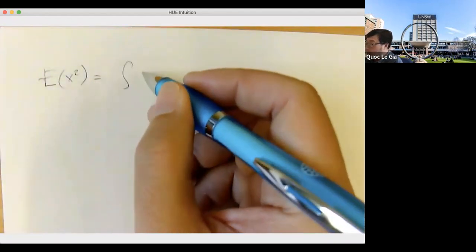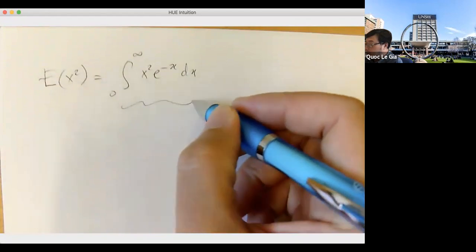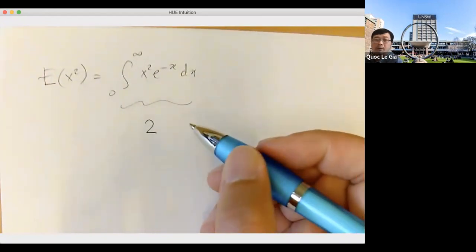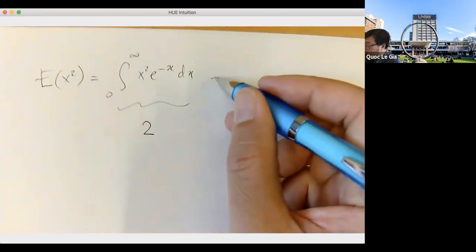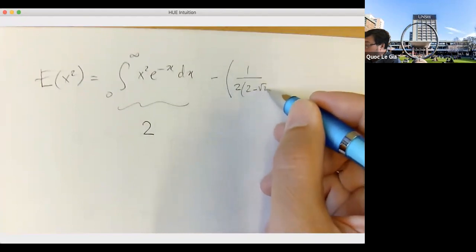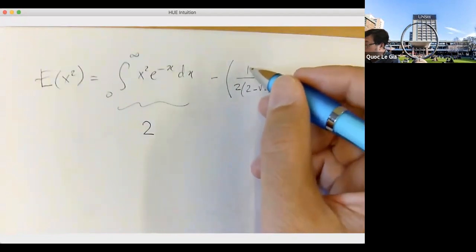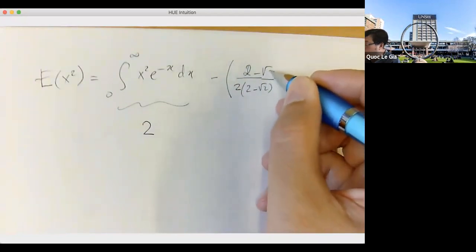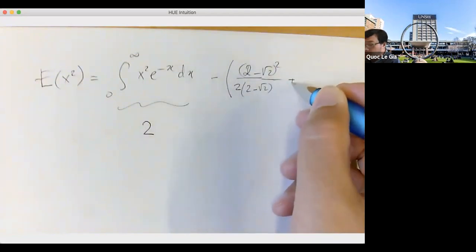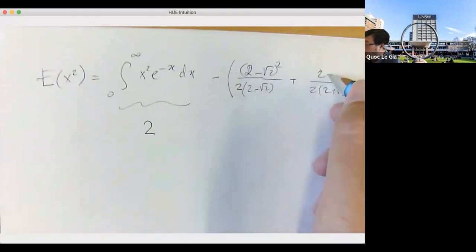Okay, so now it will be the integral of x squared e to the minus x from 0 to infinity, and you know that this one will be equal to, remember, and minus, okay, so now 1 over 2 minus root 2, but now you have the function will be 2 minus root 2 squared, plus 2 plus root 2, and now you have 2 plus root 2 squared.